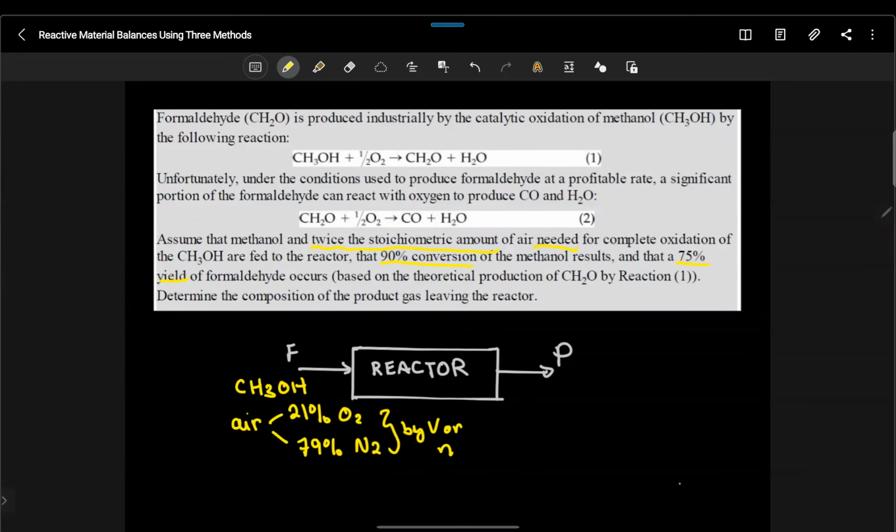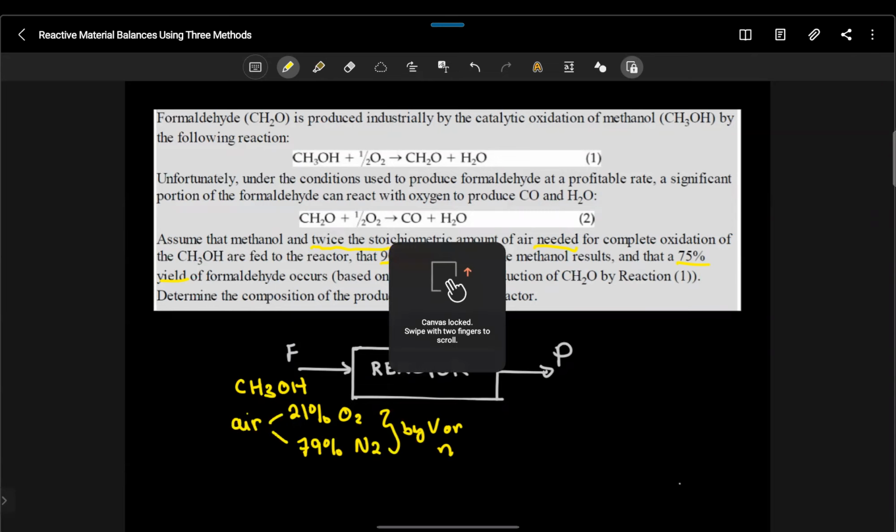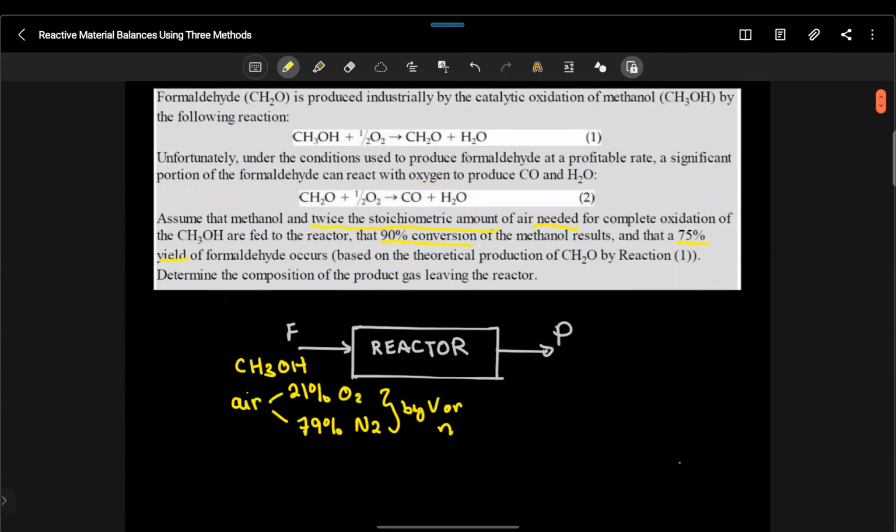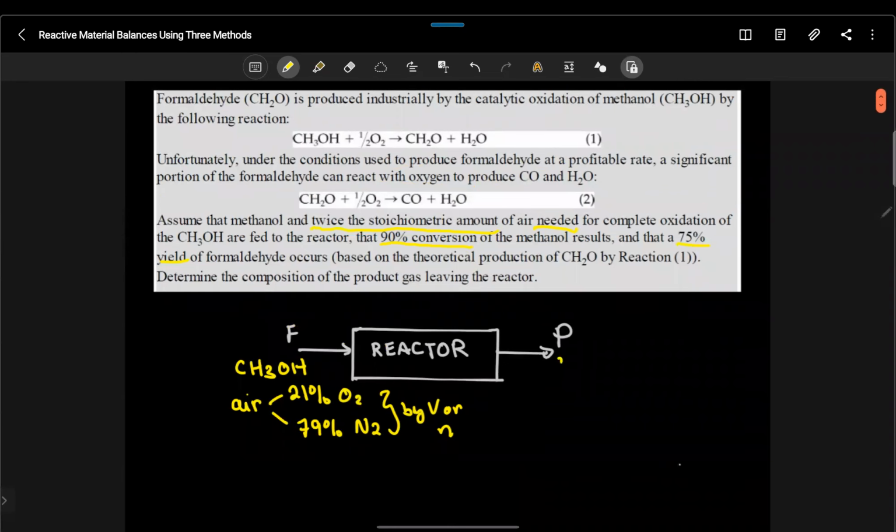Okay. Now, for the product, ano yung mga species na we can expect? Of course, yung mga product from reaction 1, that's CH2O and water. And also yung product from reaction 2, which is carbon monoxide. Okay, water nandiyan na.